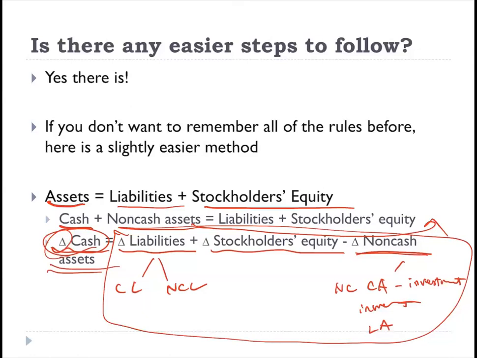The general rule of thumb is this. We have assets, liabilities, and stockholders' equity. Within assets, we have the firm's current assets and long-term assets.